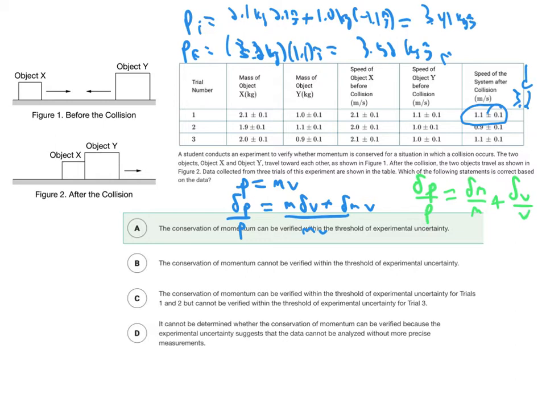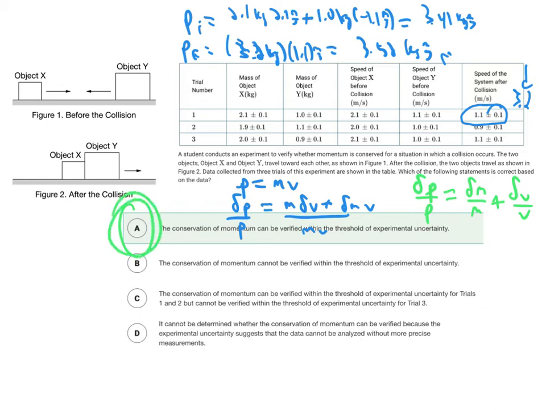So if we say that our fractional error in mass seems to be about 10%, and our fractional error in velocity seems to be about 10%, it means that our fractional error in momentum should be something like 20%. And 20% of 3.52 is something like 0.7. So as long as we're within about 0.7, we're within our experimental error.